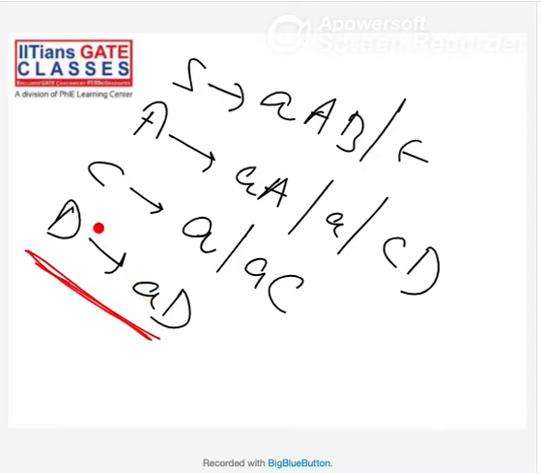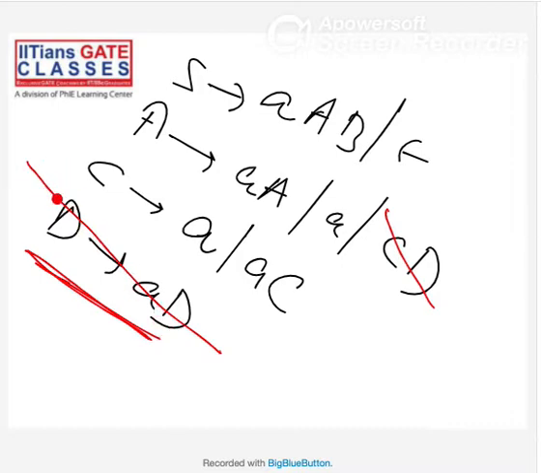So we will remove those symbols which are not generating. This D is useless, so automatically wherever you find this D, that is also useless. Are you getting this point? This D is useless because it is not generating any string, so you can remove this useless production.